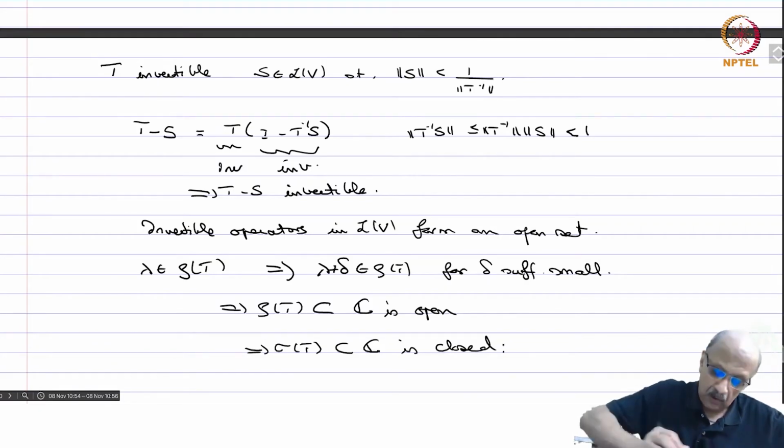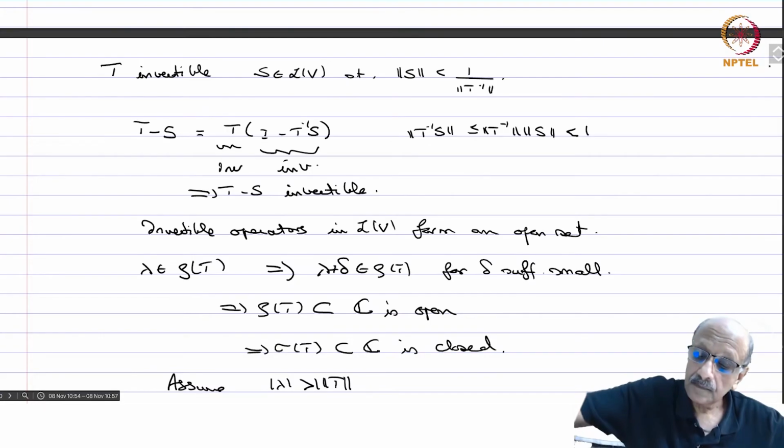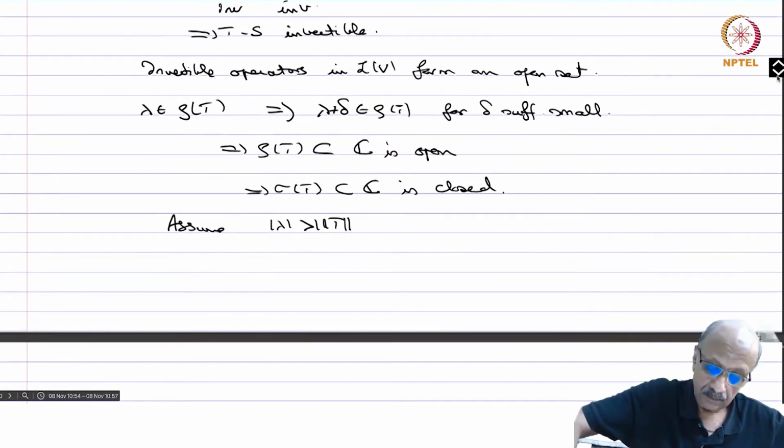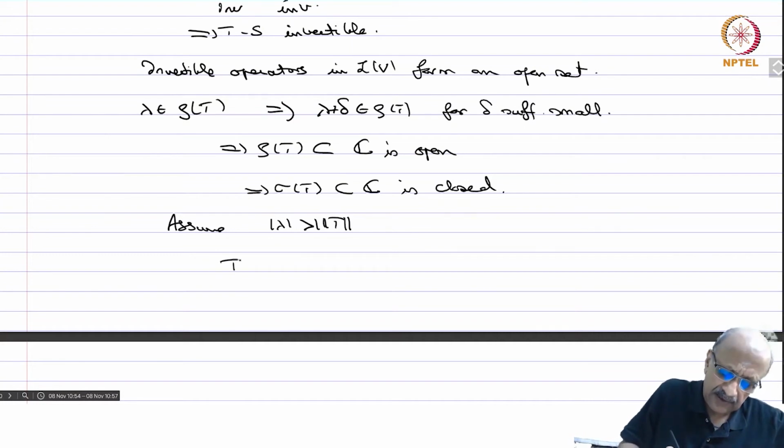Okay. So now assume that mod lambda is strictly greater than norm T. Then what is T minus lambda I?